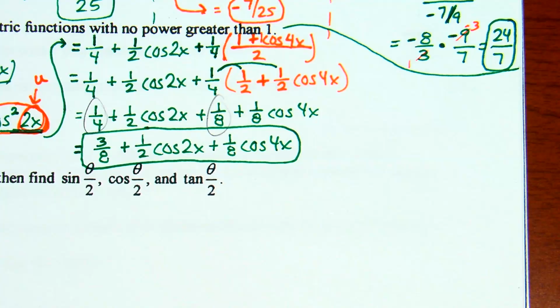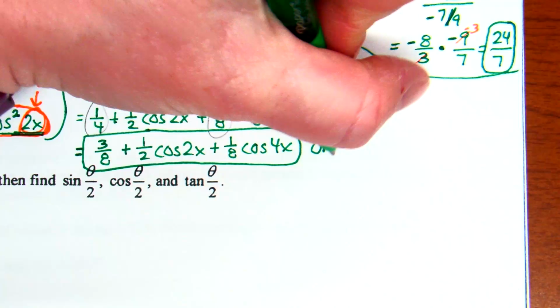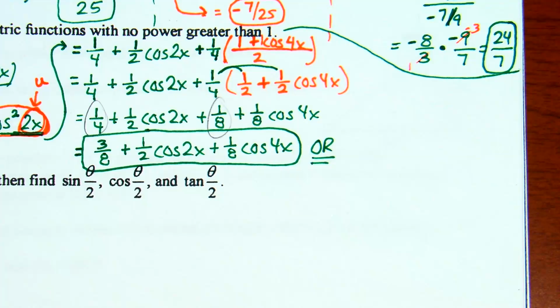I'm going to say or. There's a second way to leave the answer. And I'm not saying that you have to do this. I'm just showing you options here. Some people would say it would be simpler to factor out a fraction.